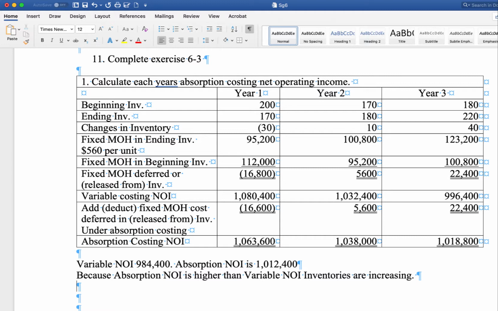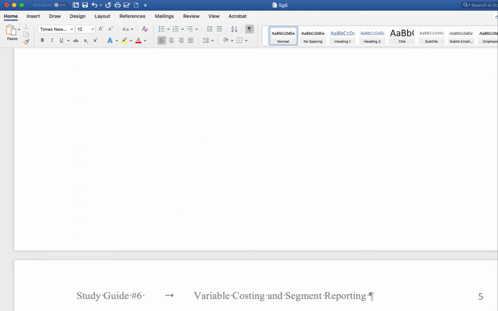They sell two packages, the Weed Ban and the Green Grow, right? They give us information about revenue and variable cost for each of these. They also tell us what our traceable fixed costs are, and what our common fixed costs were. They also tell us what the company produced and sold for each of these. Okay, so I'm going to scroll down here.